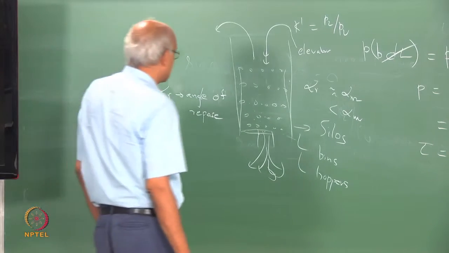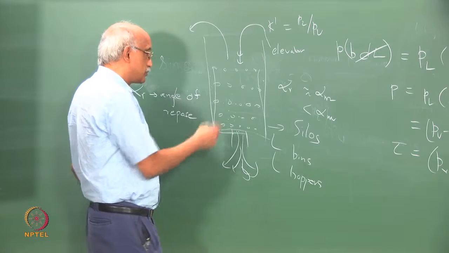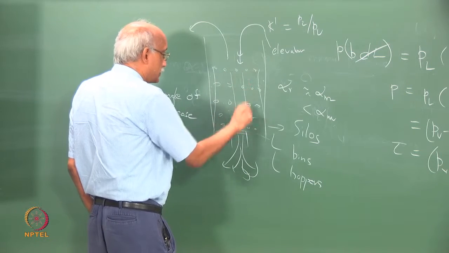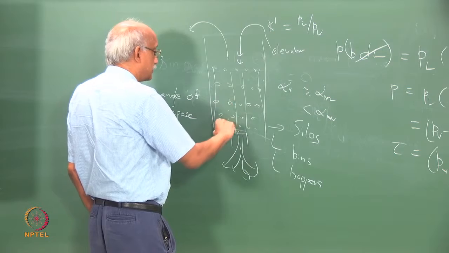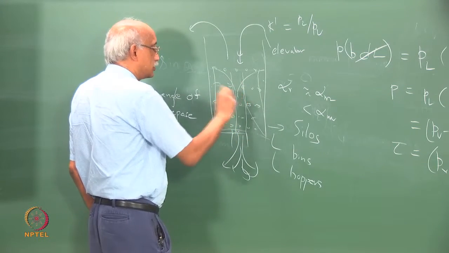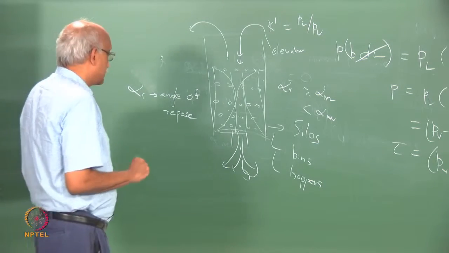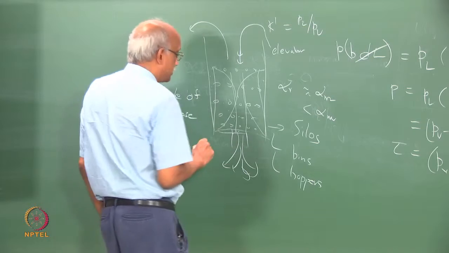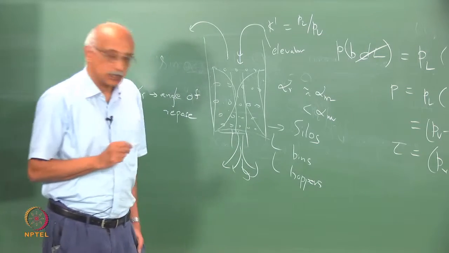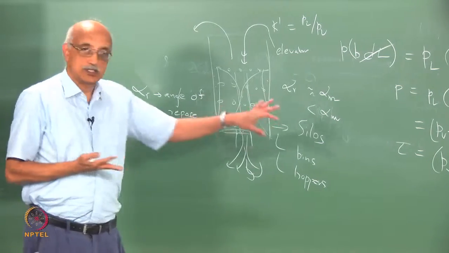And as you do that, as I said, you essentially go through various stages of discharge. Initially this central column discharges and then starts to expand to include all the material that is in the bin. One thing you have to watch for is whether the flow is going through these stages.